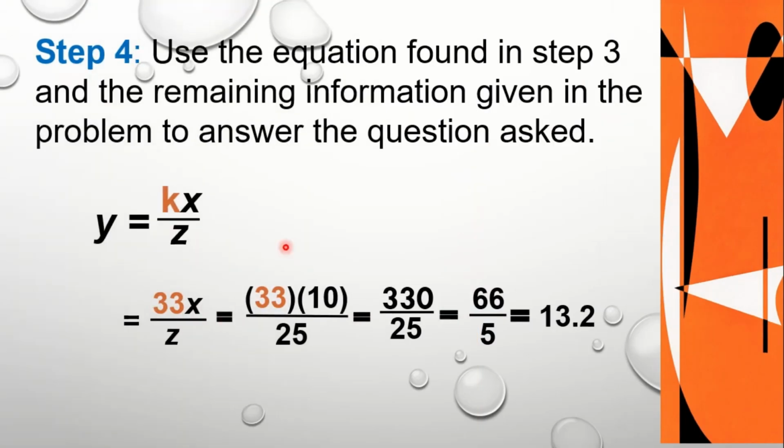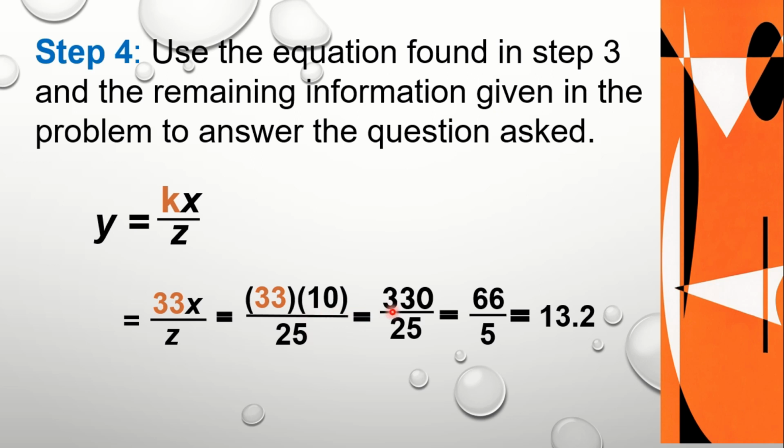And then 4, we use again the equation found in step 3 to answer the remaining in the problem. So y is equal to k times x over z. Constant is 33 times x over z. So 33, the new value of x is 10, and for z is 25.